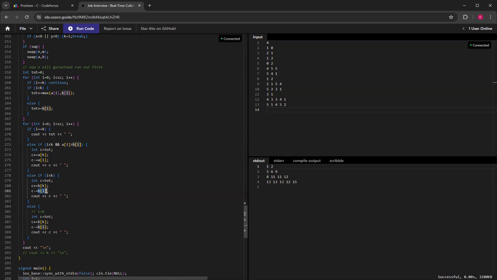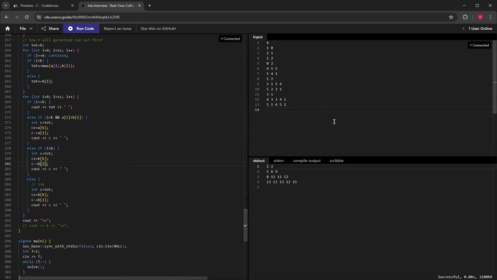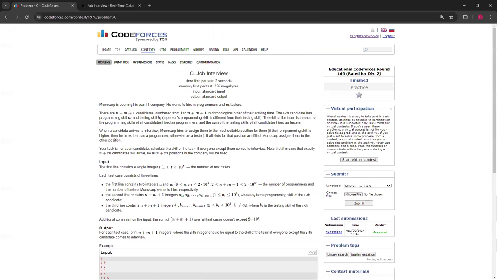And if we check the sample, we see that these all match the sample outputs, and that's how you do Job Interview from Educational Codeforces Round 166, rated for Division 2.